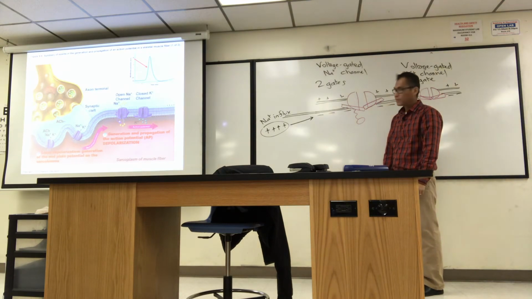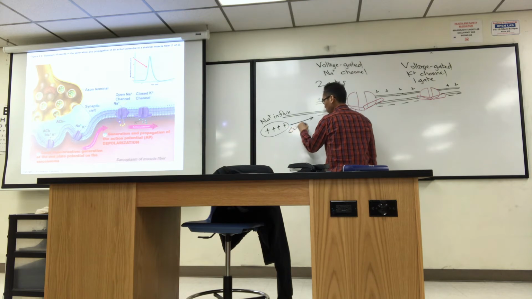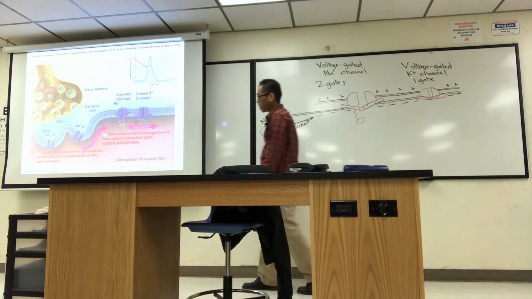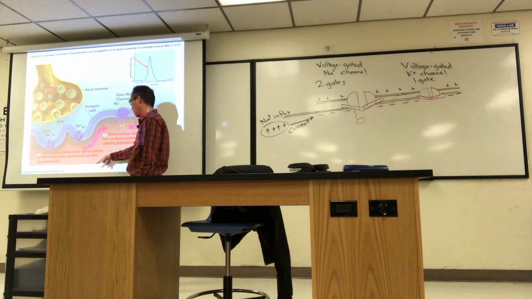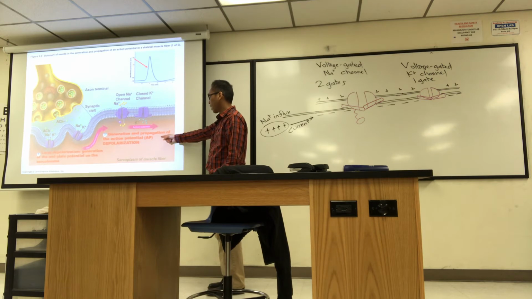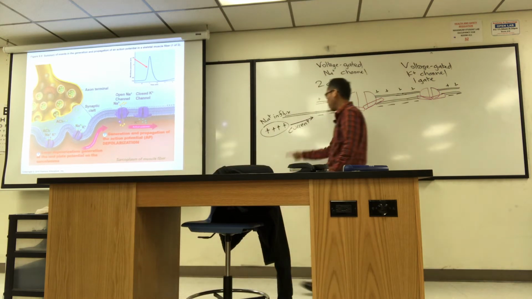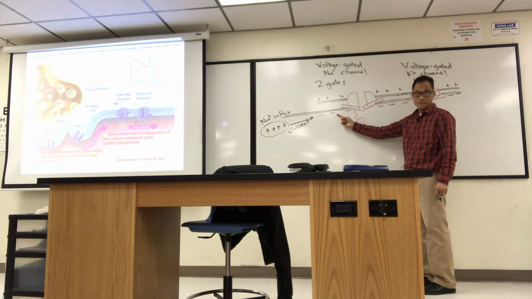It's local current. Here they call it wave of depolarization. They call it here generation and propagation of the action potential. So these use different languages. I just want you to know that these positives are attracted to these negatives.